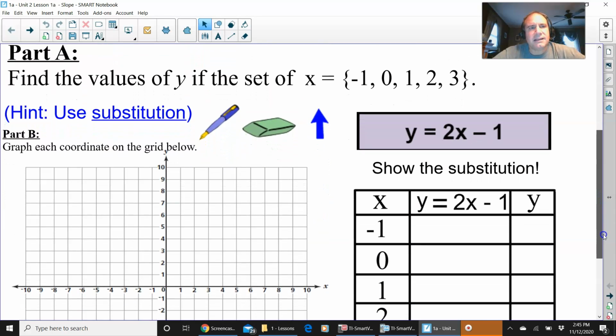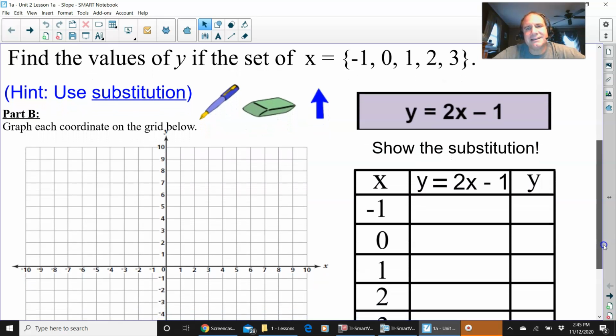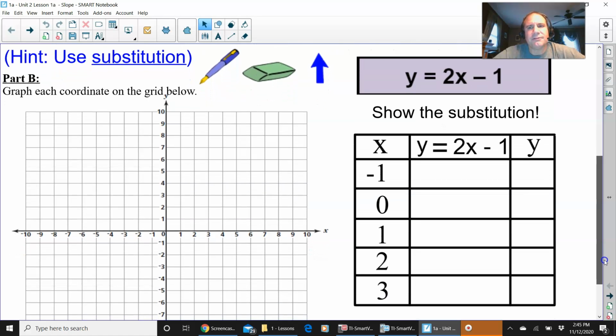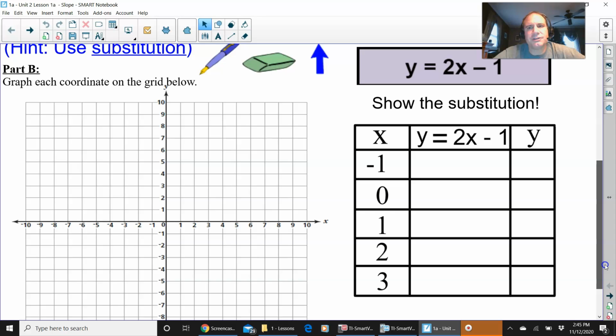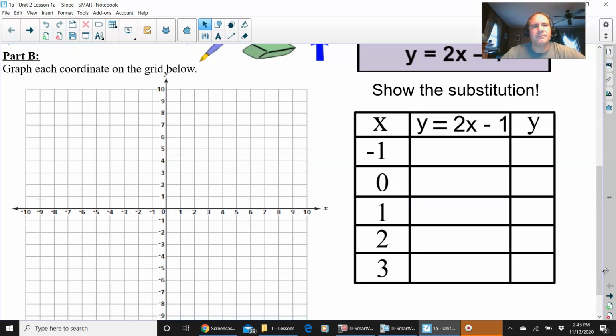So part A says to find the values of y if the set of x equals -1, 0, 1, 2, and 3. And it says, hint, use substitution. So we are going to use substitution. And right up here, we have the equation of the line.